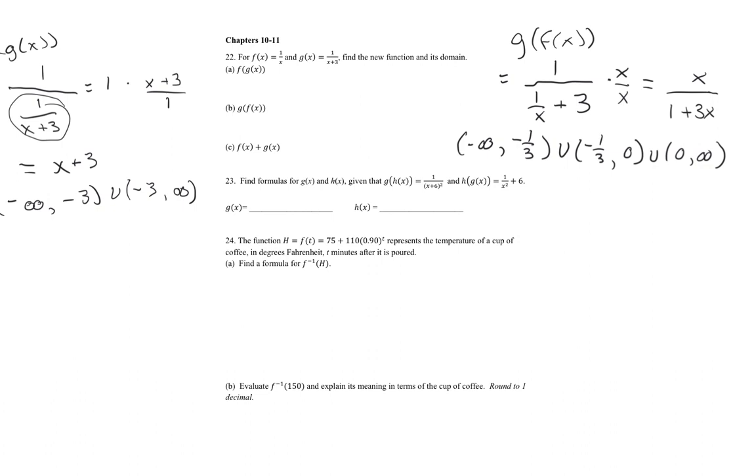Here we have this fraction where if x is equal to 0, we'll divide by 0. So we have a hole there. Also, if we look here, if x is equal to negative 1/3, we'd have 1 plus 3 times negative 1/3, which becomes 1 plus negative 1, which would again result in us dividing by 0, so we have another hole. So besides those holes, x is good for all real numbers.